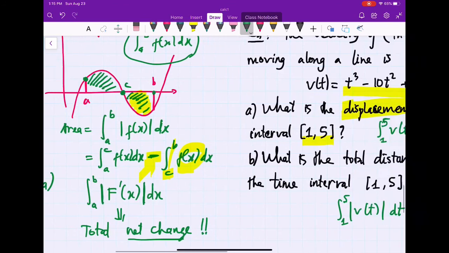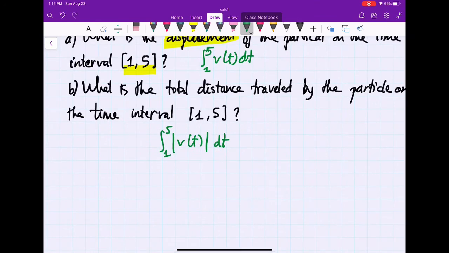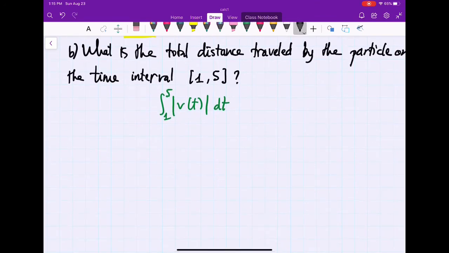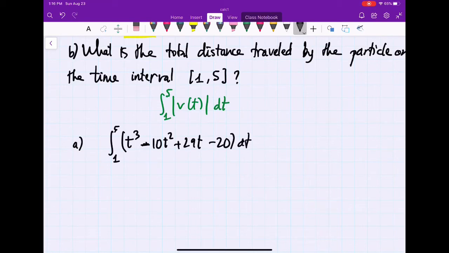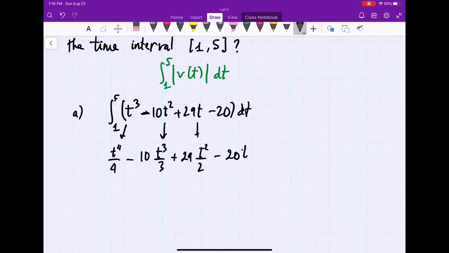Okay, so let's solve this problem. That means we just need to evaluate two integrals. For the first question, I need to find the integral from 1 to 5 of t cubed minus 10t squared plus 29t minus 20 dt. The antiderivative of t cubed is t to the fourth over 4, minus 10t cubed over 3, and the antiderivative of 29t is 29t squared over 2, minus 20t.